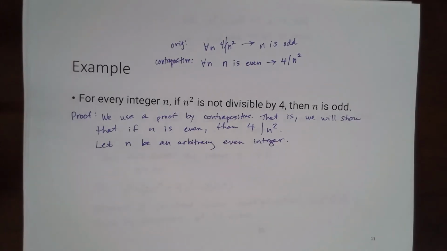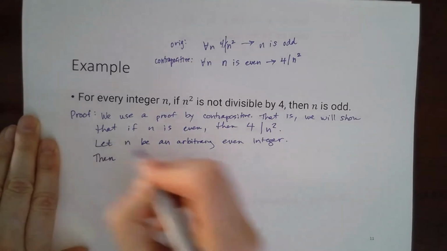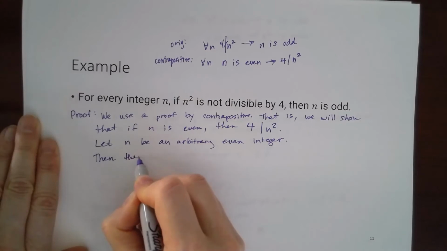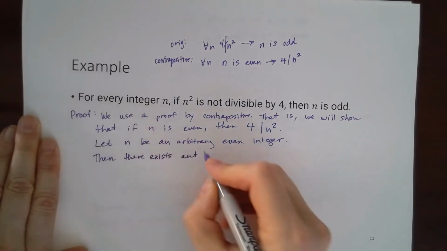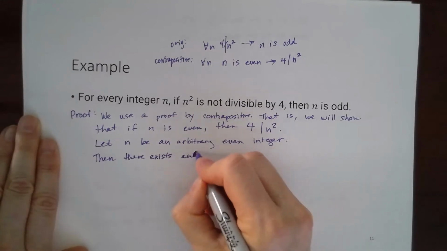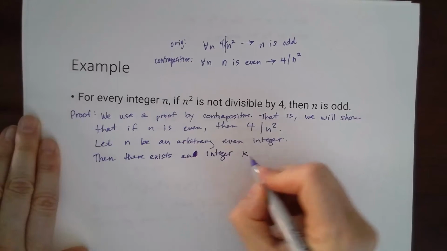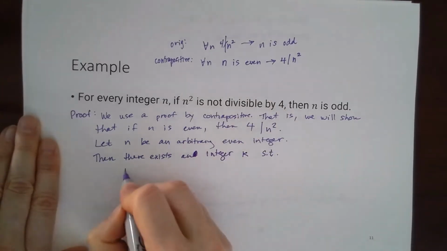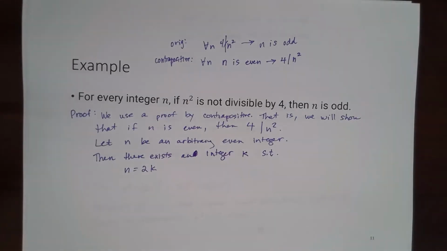And we know exactly what we're going to do. There has to exist a k such that n equals 2 times k, right? Then there exists an integer k such that n is 2 times k. That's the definition of even.